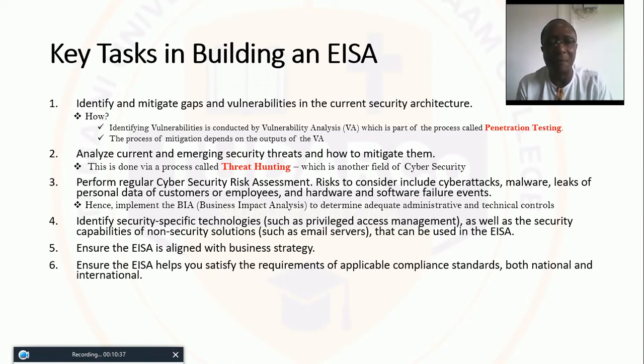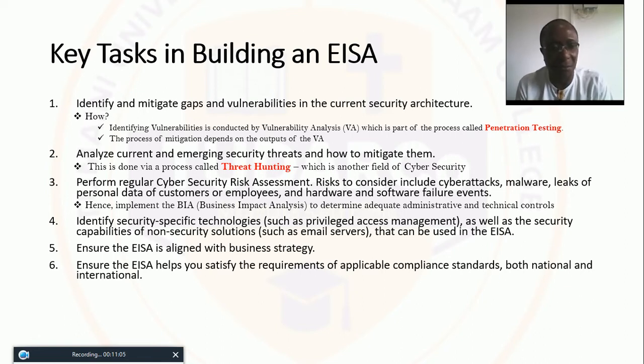Risk assessment is a very important field, and in my next topic of presentation in this BIM 312, I have a very nice presentation on how to conduct risk assessment. Risk assessment is part of the task we have in building an enterprise information security architecture.